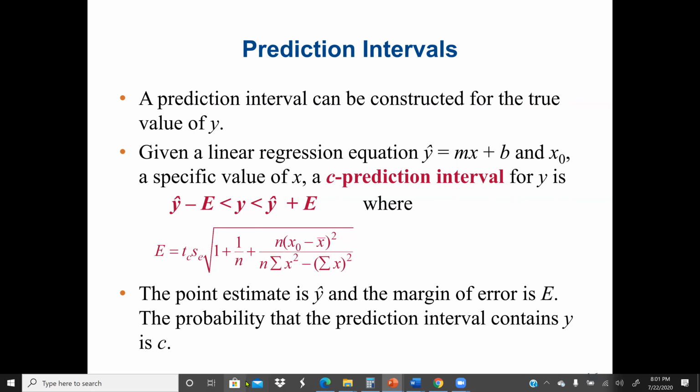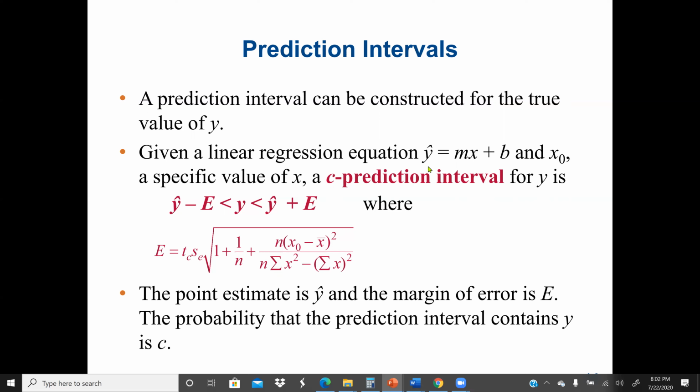So we say the point estimate is y caret and the margin of error is E. This concept is the same as looking for the confidence interval, but here we call it the prediction interval, or c prediction interval.